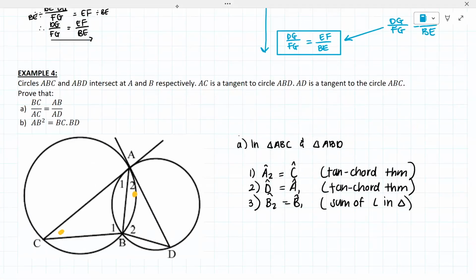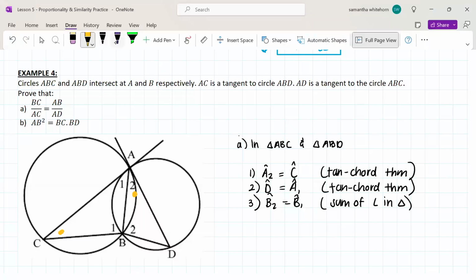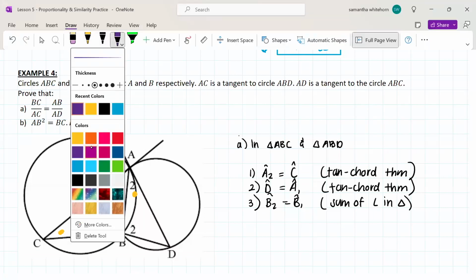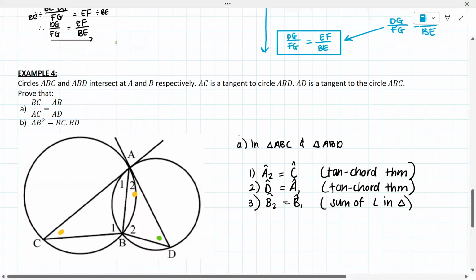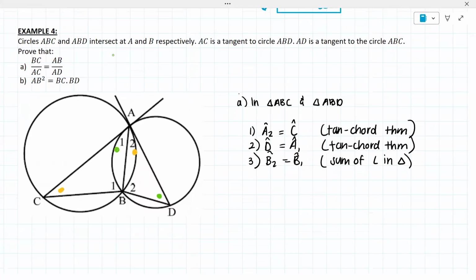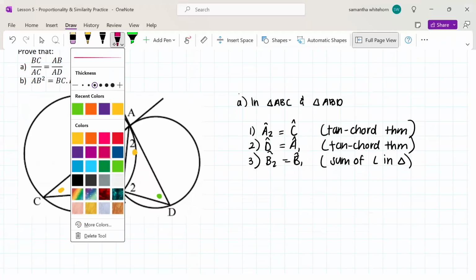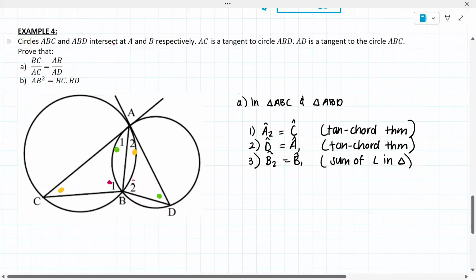We're rolling with it. We also made the statement that angle D is equal to angle A1. Those are both the tan chord theorems that we used. And then finally, we said that B1 and B2 are equal to each other. So we can see our corresponding angles there.